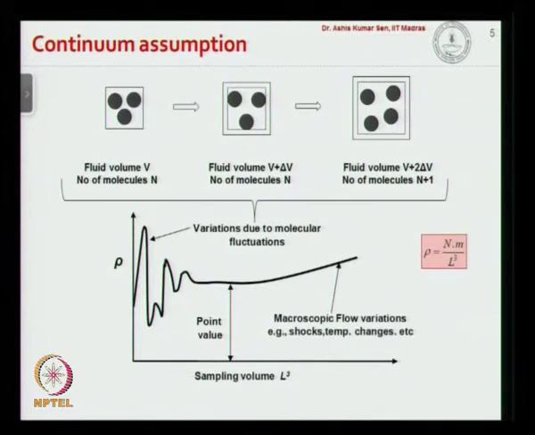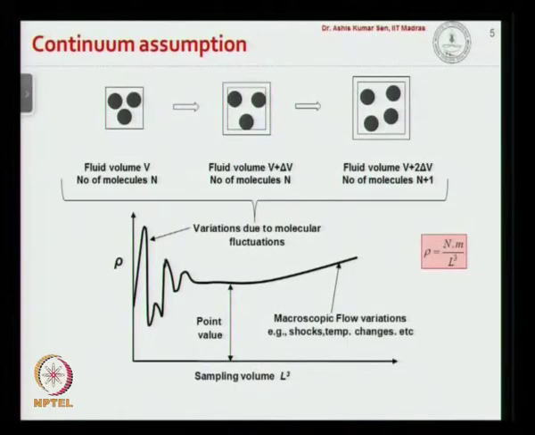So there will be a sudden increase in the density. For that reason, when the control volume is comparable to the volume of the molecule, there are a lot of molecular fluctuations. That leads to fluctuation in the point properties that we see in the left side of the plot.